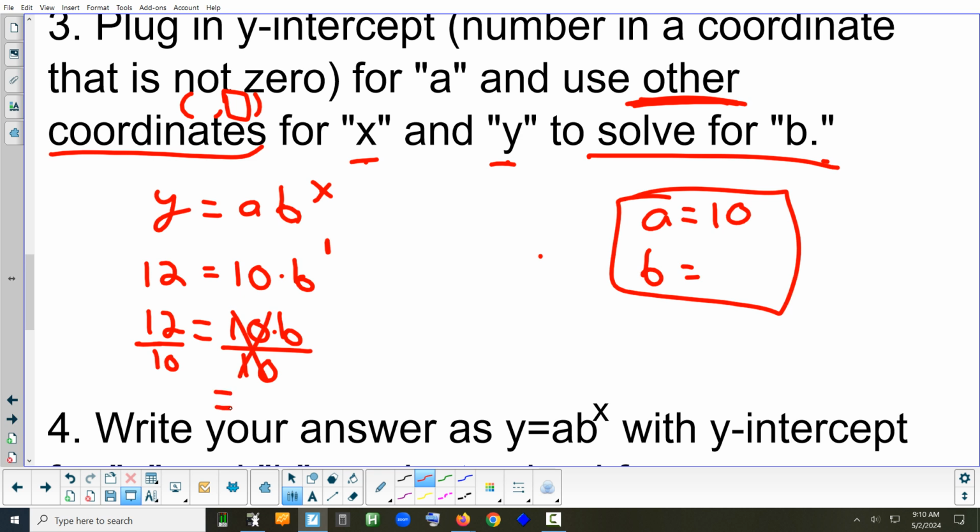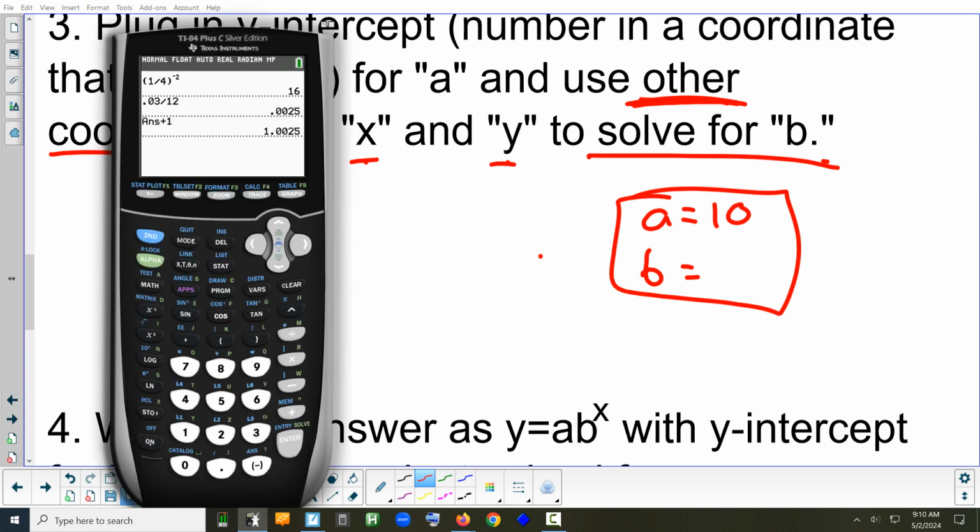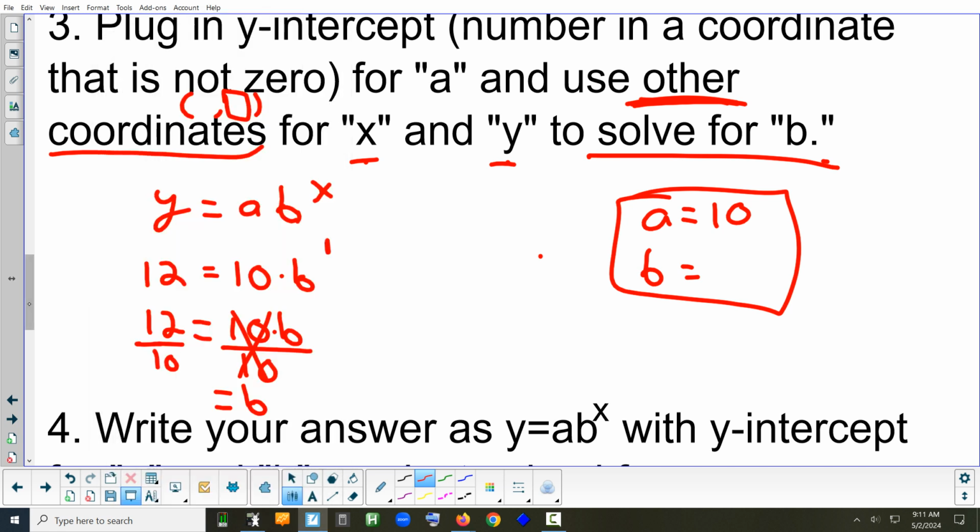So what's on the right-hand side now? Just b. And what's on the left side right now? 12 divided by 10. So let's just use the calculator. 12 divided by 10. That's your b, 1.2. Right, so now we know b.